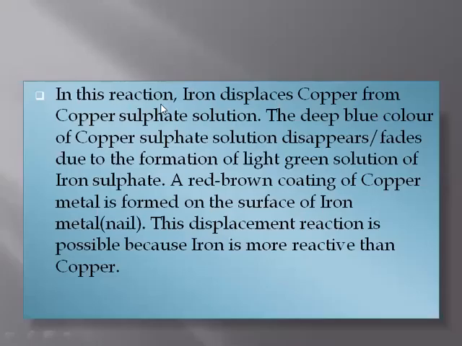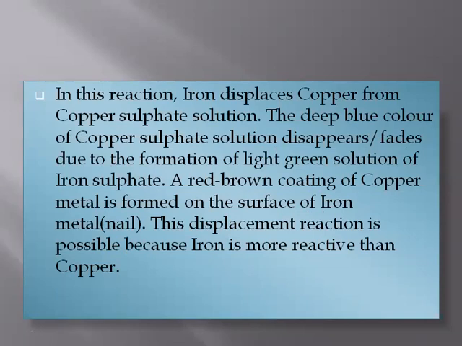In this reaction, iron displaces copper from copper sulfate solution. The deep blue color of copper sulfate solution fades due to the formation of a light green solution of iron sulfate. A red-brown coating of copper is formed on the surface of the iron nail. This displacement reaction is possible because iron is more reactive than copper.